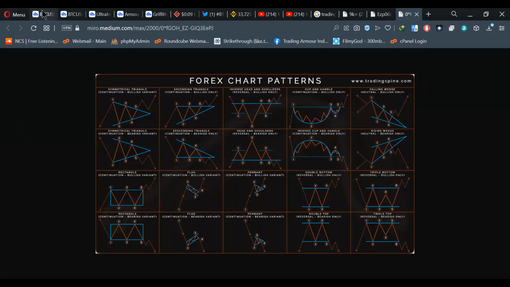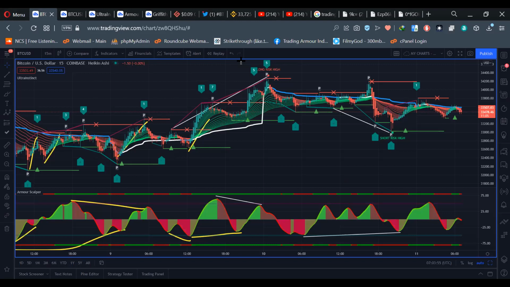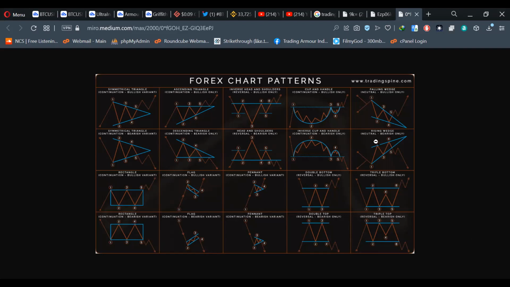These kinds of patterns you need to draw on your charts to find out manually where the market will go, and you can use indicators to find confirmations of these breakouts. Whenever, for example, a rising wedge is breaking out, you need to see the confirmation, and you can short and long from this rising wedge.